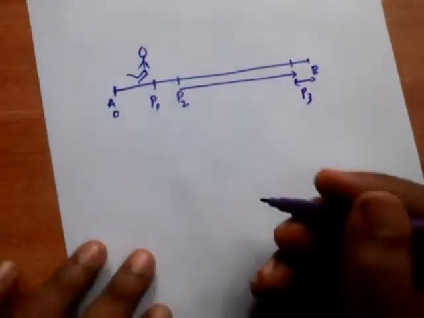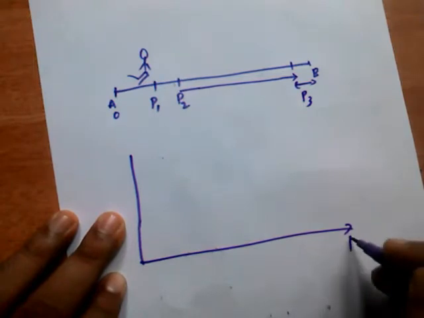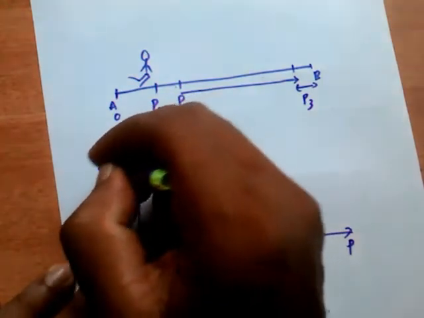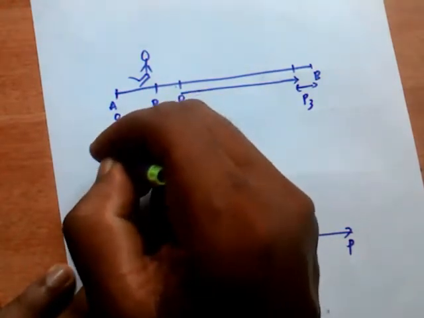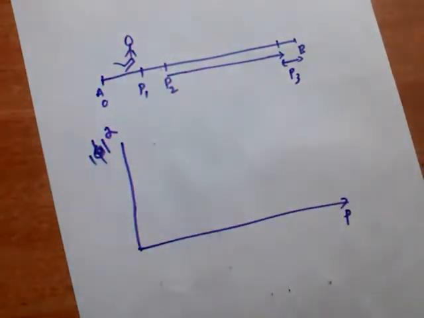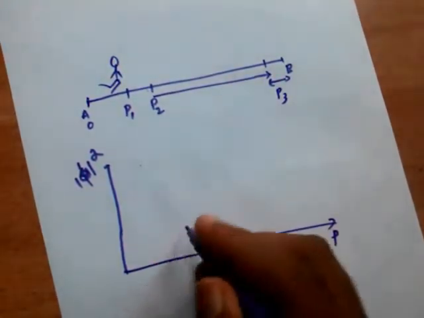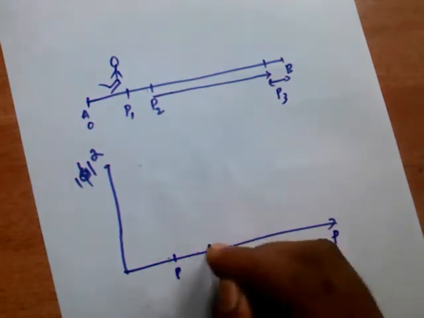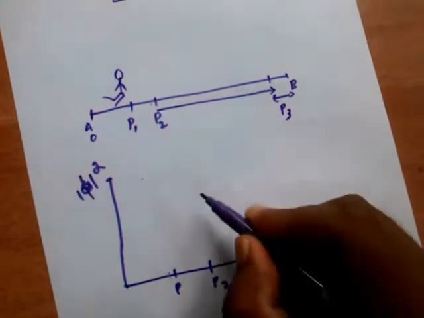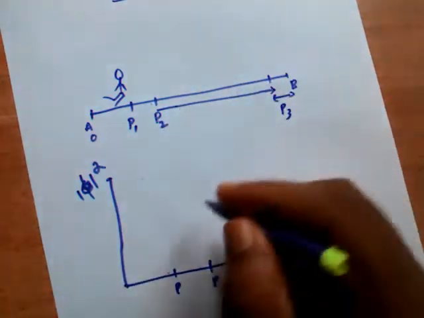So I'm drawing a graph of probability versus momentum of an athlete. If I'm writing here P1, P2 and P3, most of the time he's in a momentum P2.